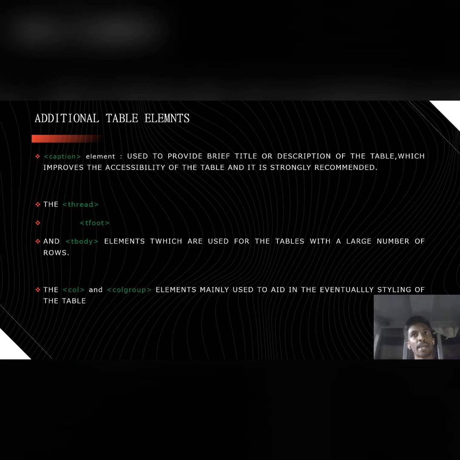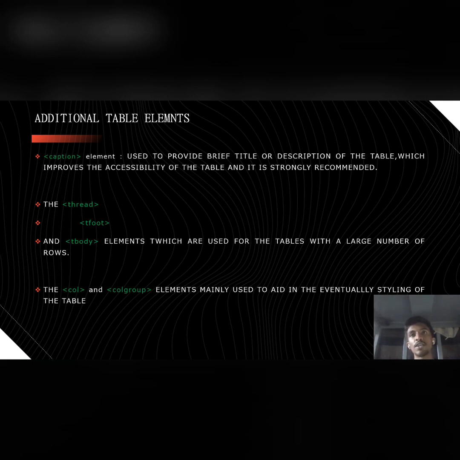And other elements which are there in a table, like the caption element. Basically, we use captions when we are posting something on Insta, where we describe what exactly that post is telling, or what we want to tell our friends. Here also we use a caption element to provide a brief title.